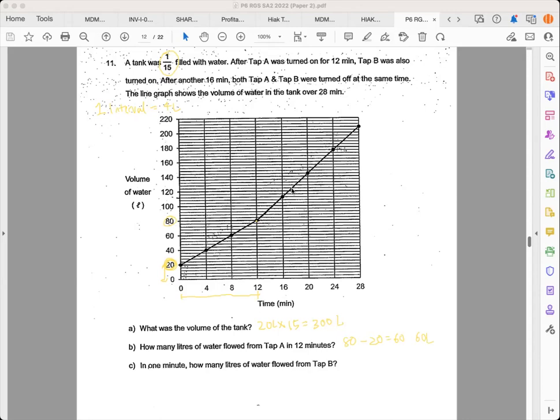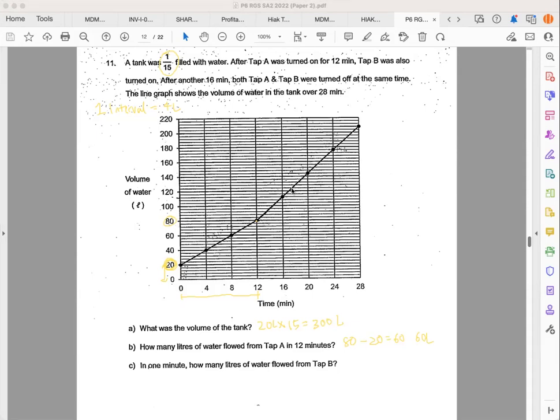In 1 minute, how many liters of water flowed from tap B? Okay, let's do it here.